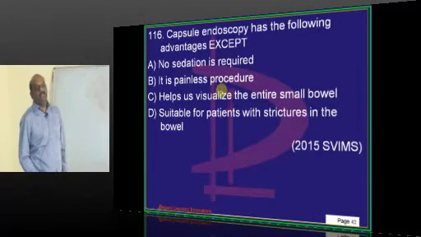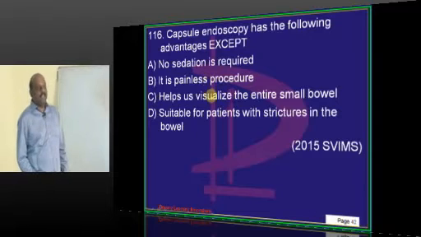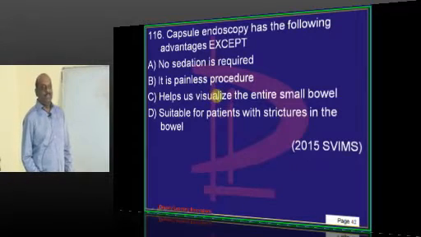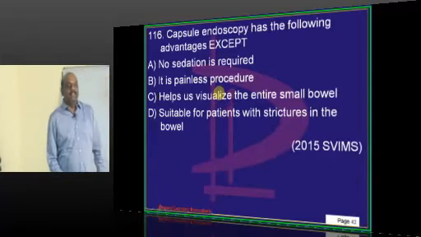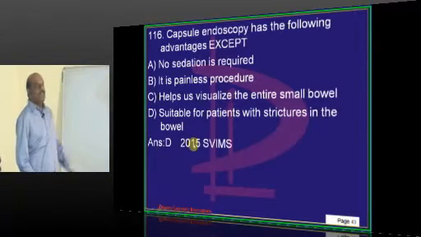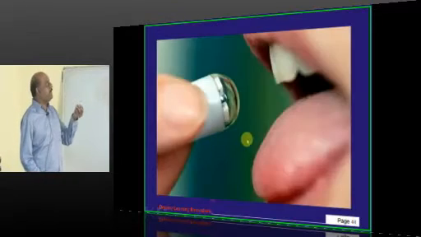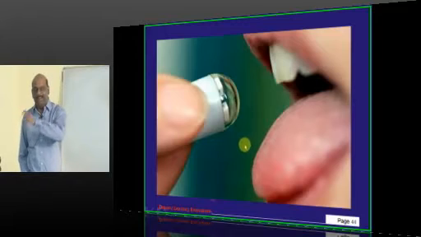Capsule endoscopy. It is just like e-learning, where you need not physically travel to the classroom. Everything now became electronic, right? So instead of passing an endoscope, ask the patient to swallow a capsule endoscope. It will be traveling through the gut and taking pictures, tick, tick, tick.